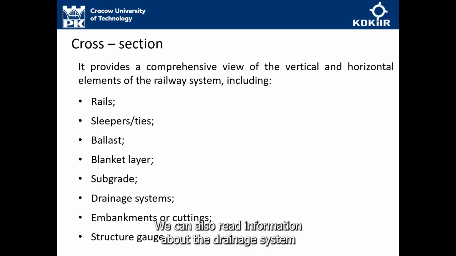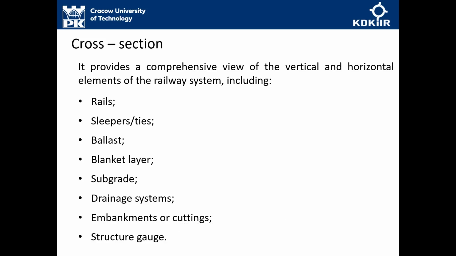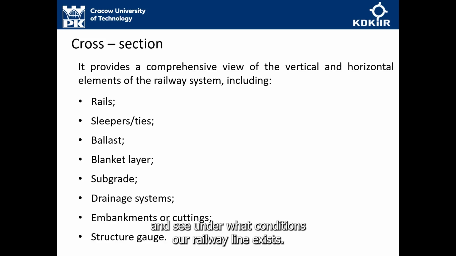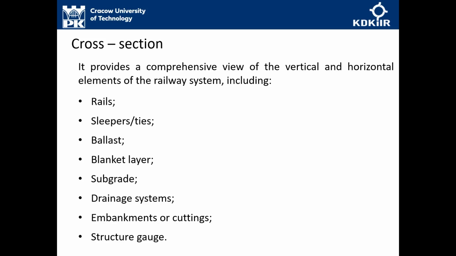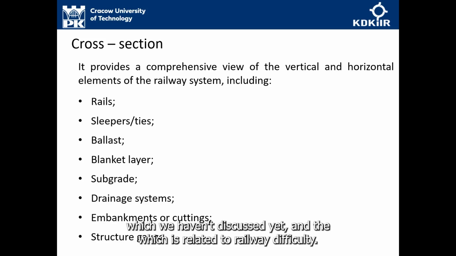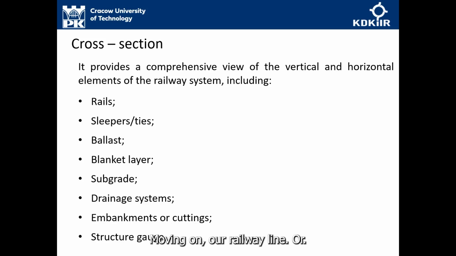We can also read information about the drainage system and see under what conditions our railway line exists, whether our line is on an embankment or in a cutting. Also important is the so-called structure gauge connected with engineered structures, which we haven't discussed yet and which is related to railway vehicles moving on our railway line.